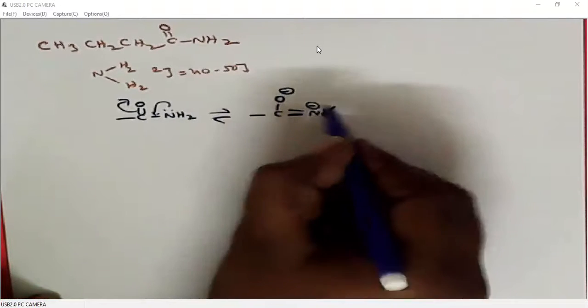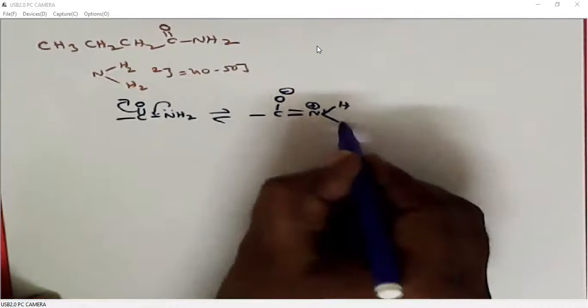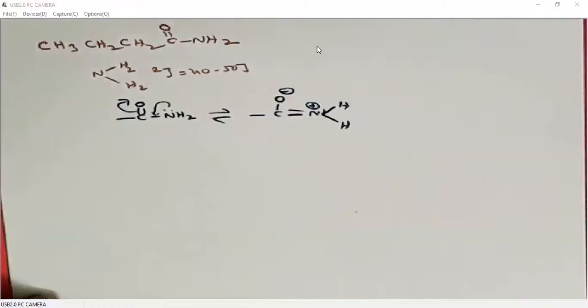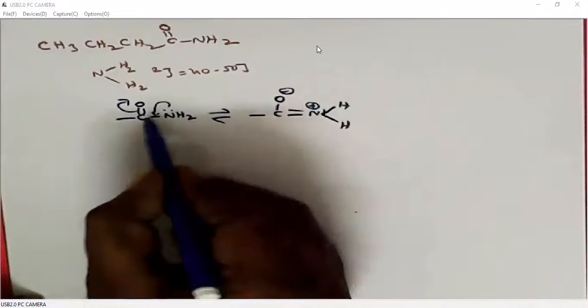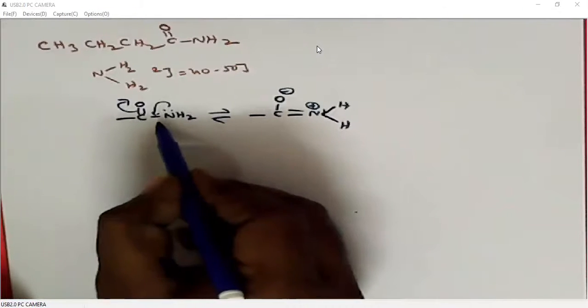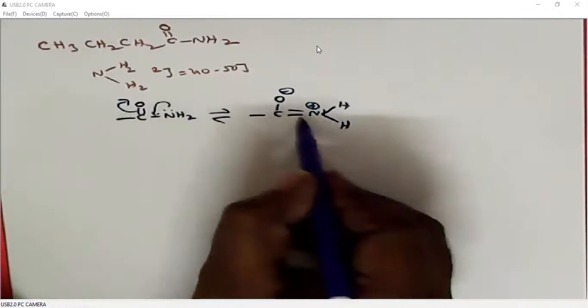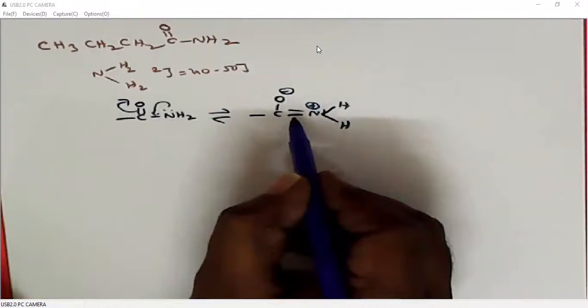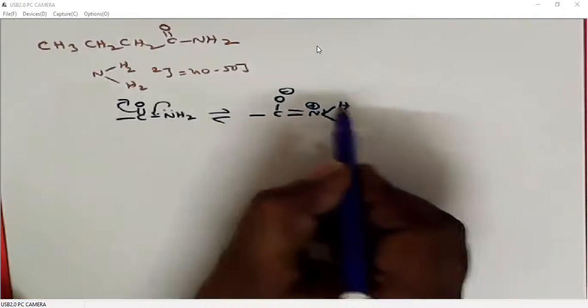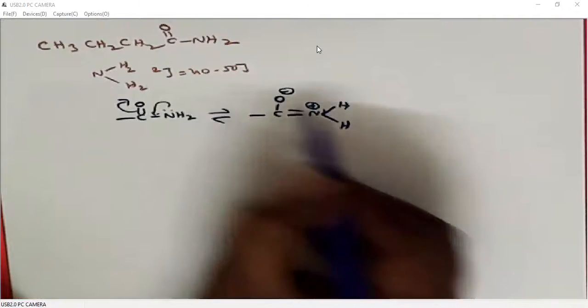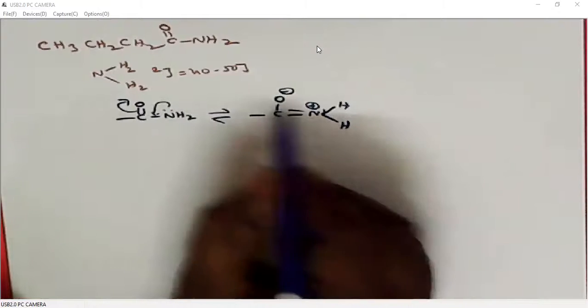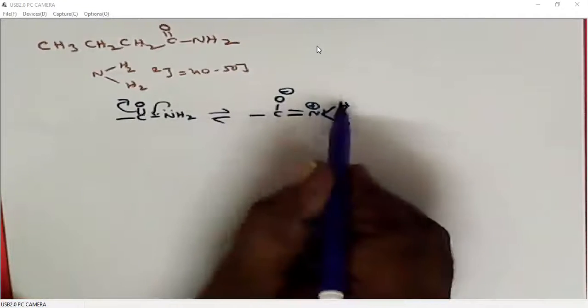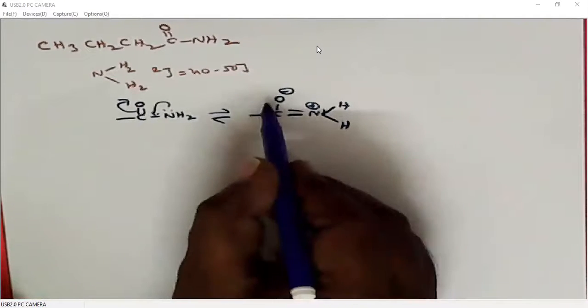When we write this, this carbon-nitrogen bond will not undergo any rotation because of the double bond nature. It is fixed. That means this hydrogen is cis to oxygen, and this one is trans to oxygen.